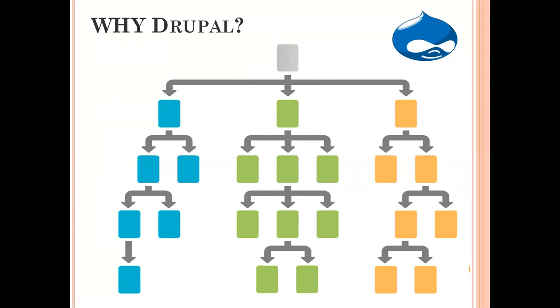When you are building a complex website, that is where Drupal plays a major role, and it is easy to maintain and edit content or upload it. Site maintenance is very easy in Drupal's case.